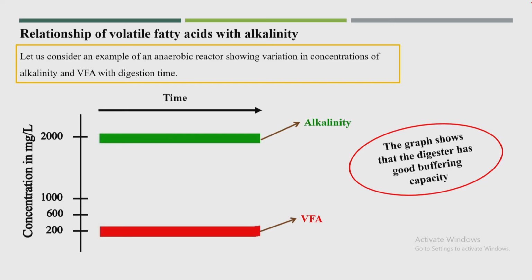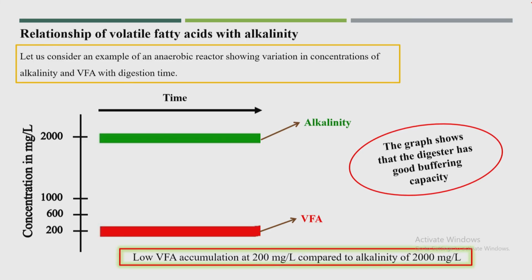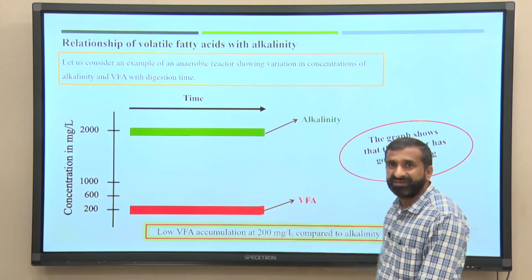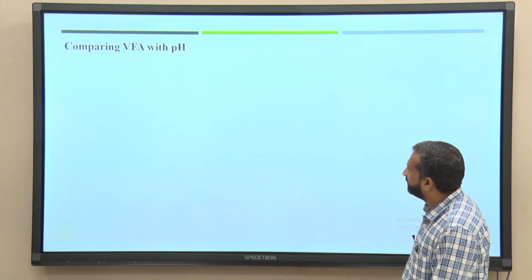This graph shows that the digester has good buffering capacity, because VFA production is less compared to alkalinity. There is low VFA accumulation at 200 milligram per liter compared to the alkalinity of 2000 milligram per liter. So, now we can understand the reactor has a very good buffering capacity.